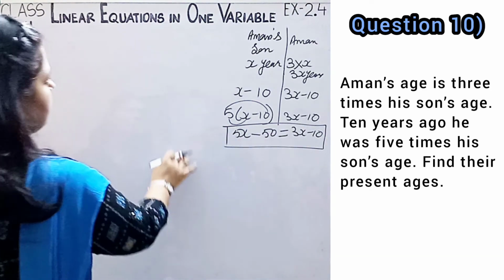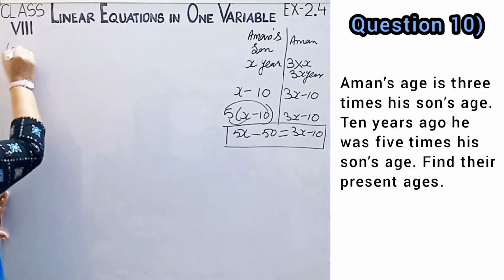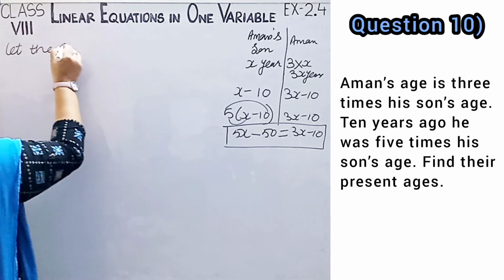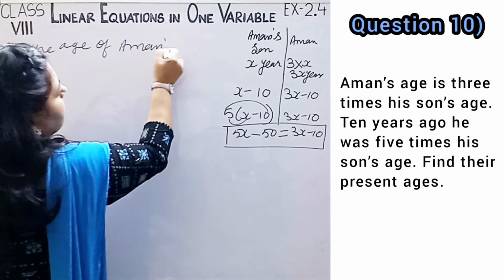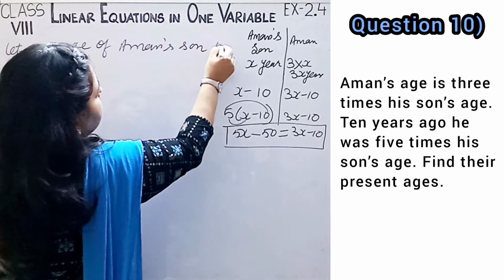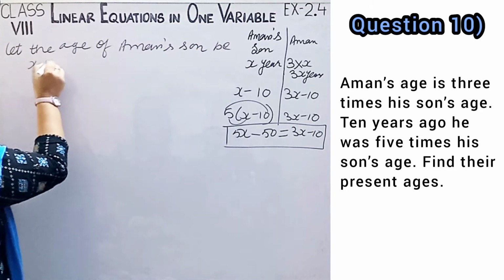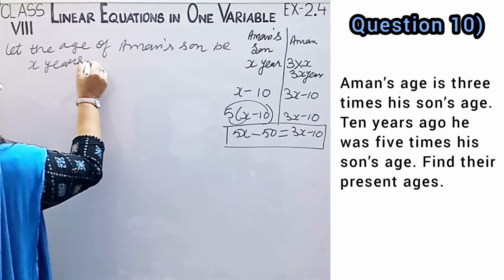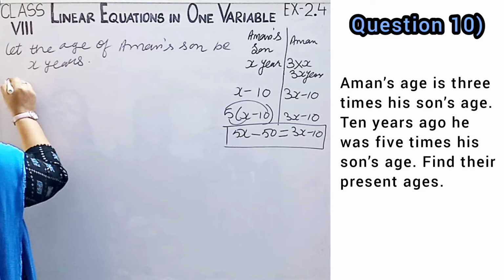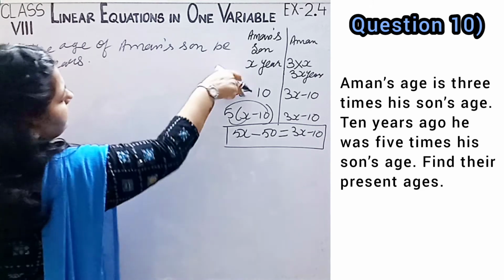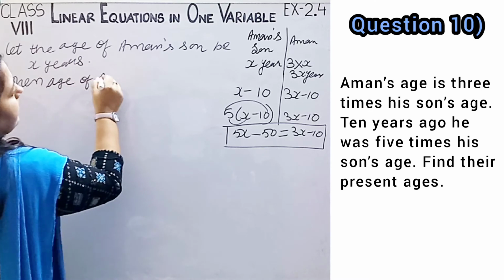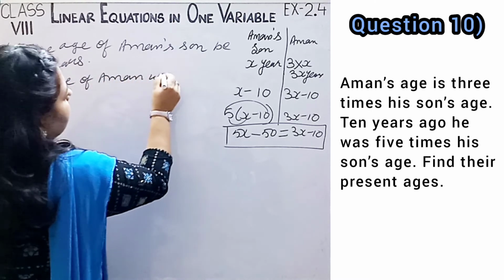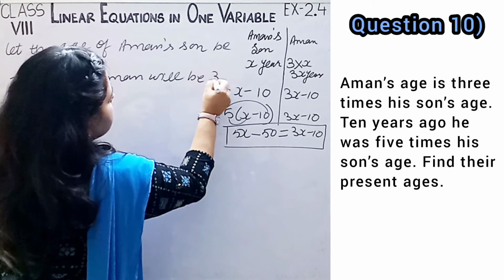Now coming to statement part. Let the age of Aman's son be x years and then age of Aman will be 3x years.